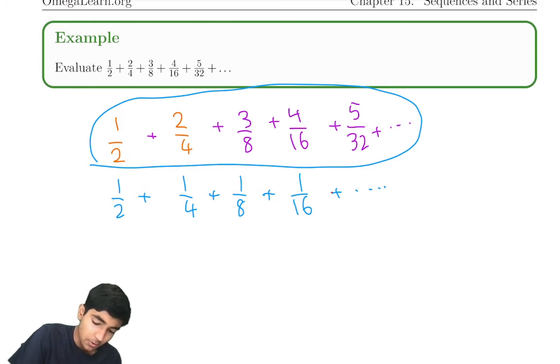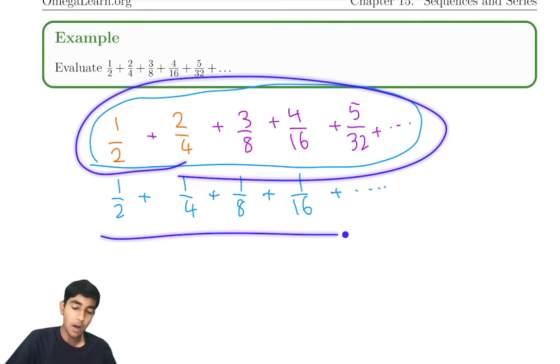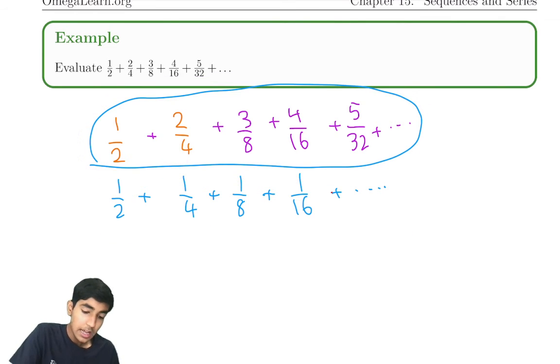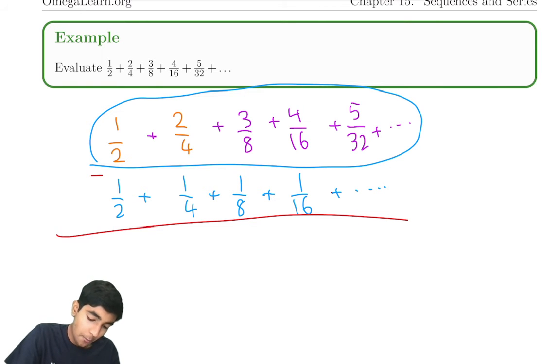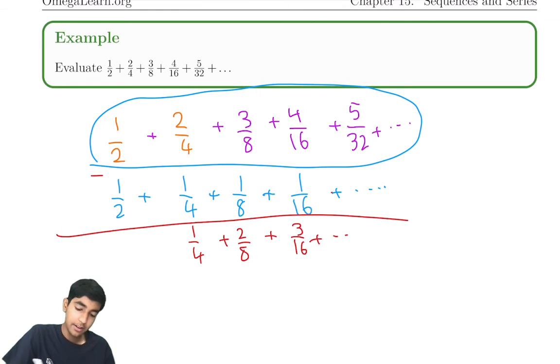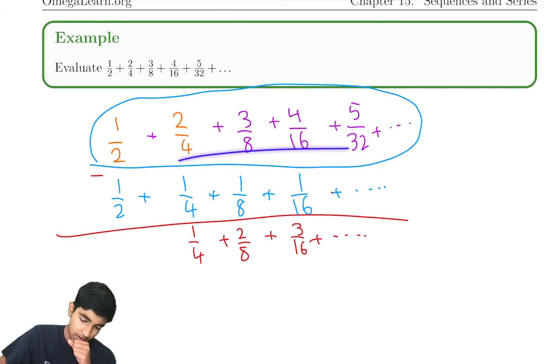We're trying to form this sequence, right? And we've only got one copy of each term. Let's see what's missing. If we subtract these expressions, we get 1/4 plus 2/8 plus 3/16 plus so on. Interesting, but that looks very similar to the original expression, doesn't it?